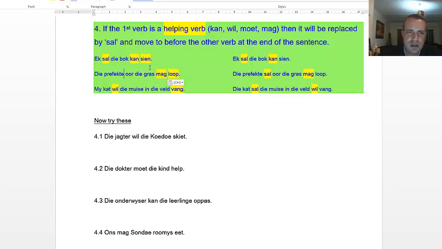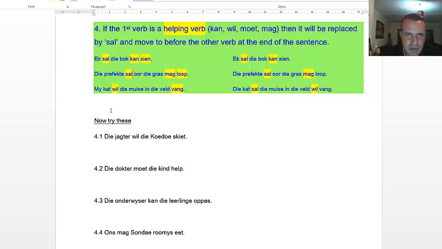It goes there. Then we put a sol in there. Happy? Do we change the form to kon or to wou? No. We keep the helping verb as it is. In the past tense, we change the form to kon or wou or moes. Here, we do not.